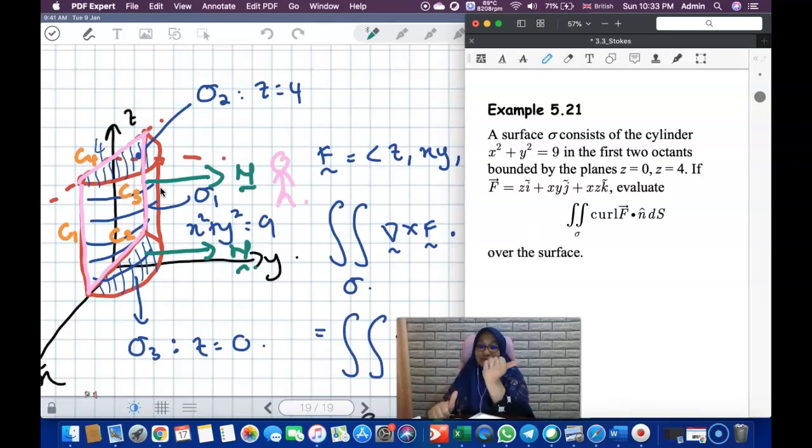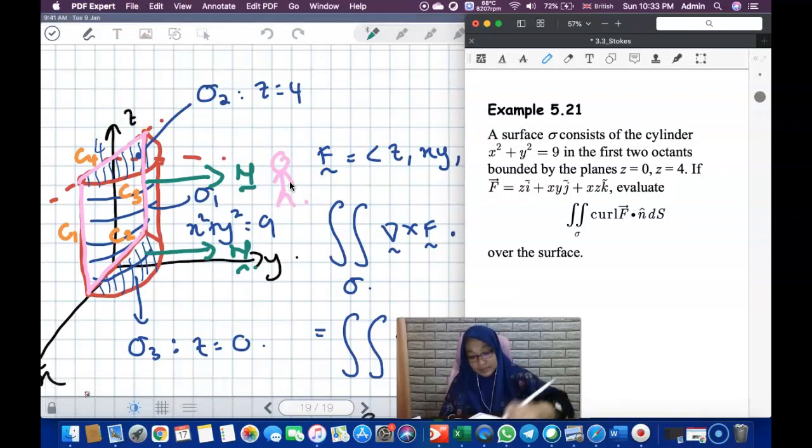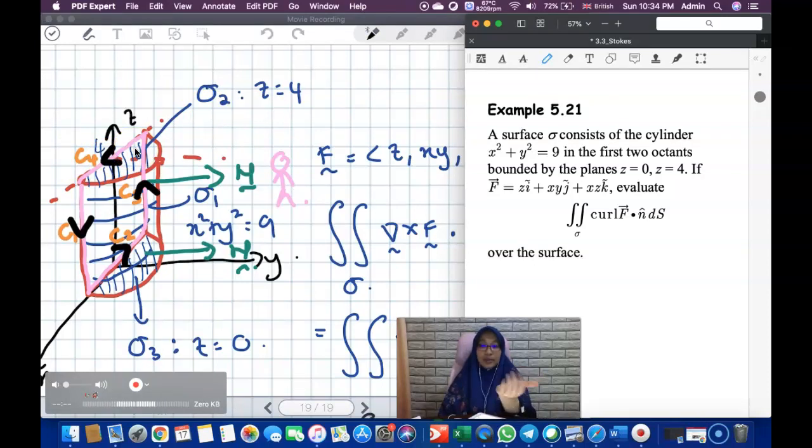Your four fingers tell you the direction, so it is anti-clockwise direction if you look from this side. So please double check: your fingers follow the direction in that color here, and your n points that way, so we have that particular direction.